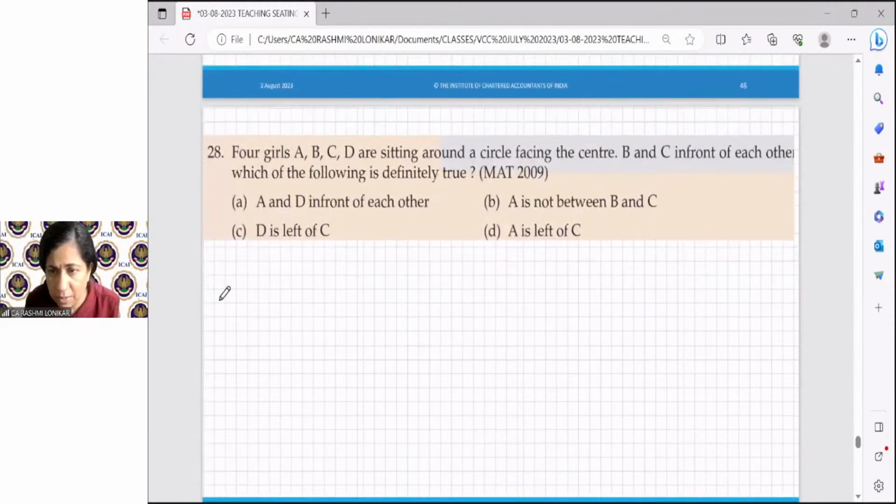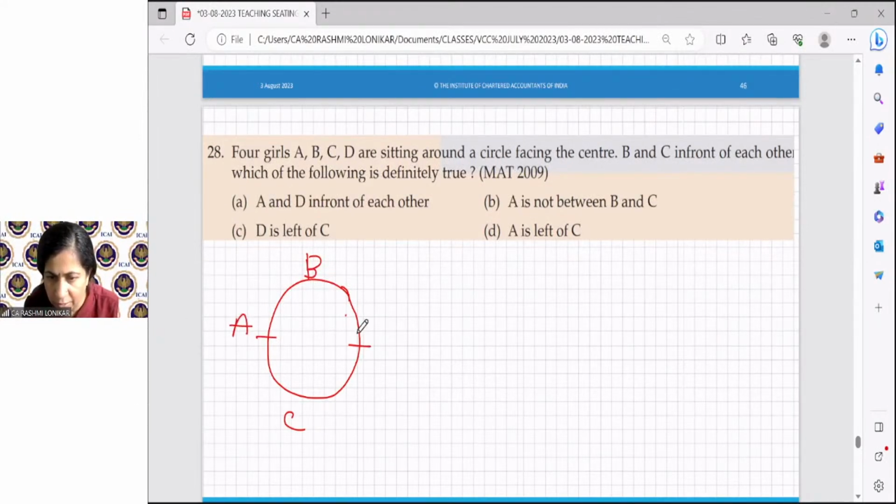Four girls A, B, C, D are sitting around a circle. B and C are sitting in front of each other. B is sitting in front of C. And then A and D. So what can we have here?